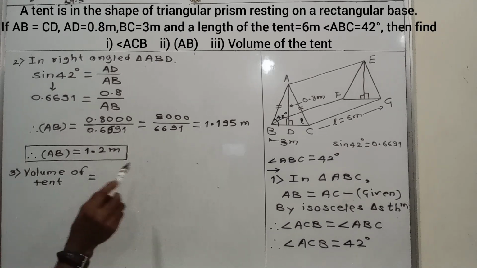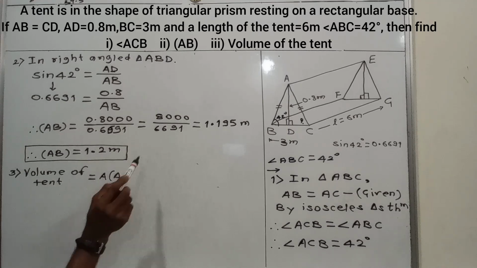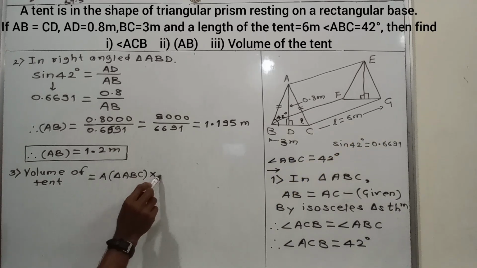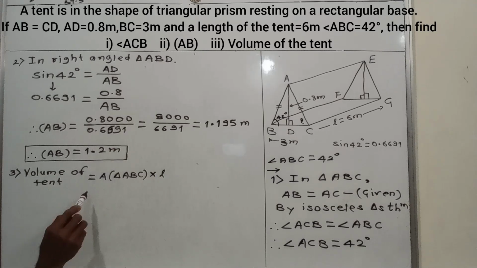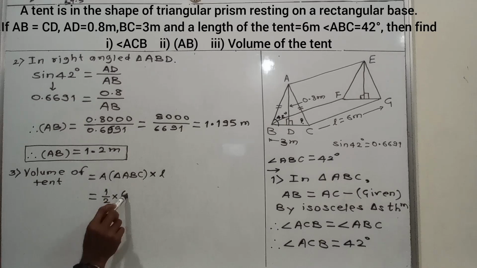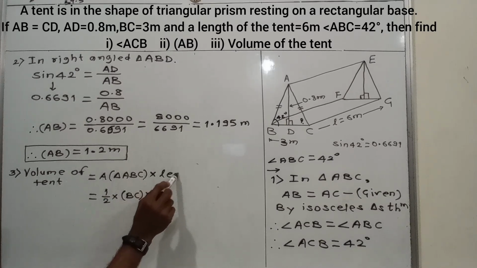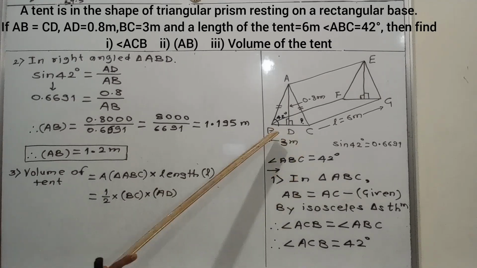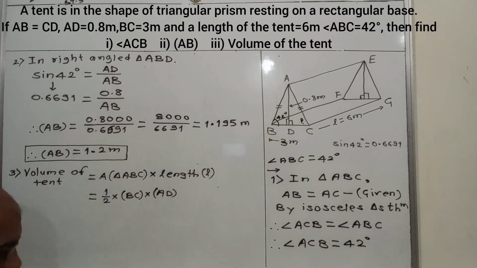Volume of a tent is equal to the area of triangle ABC into the length of the tent, L. Therefore, area of triangle ABC is 1/2 base BC into height AD, into L, the length.